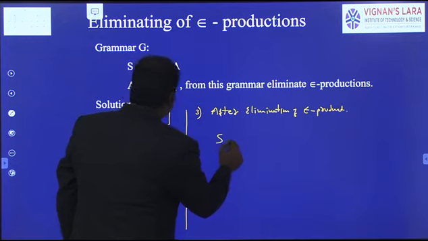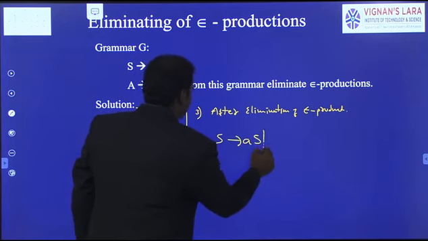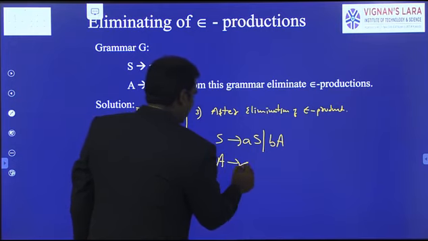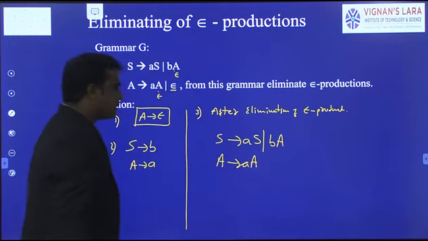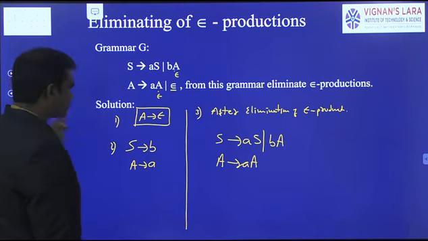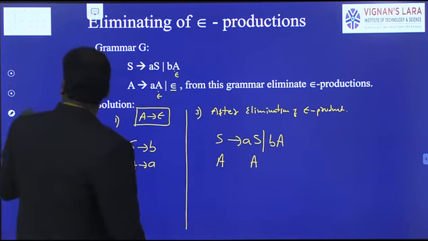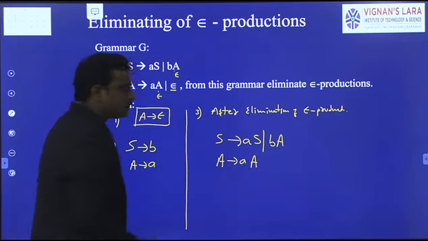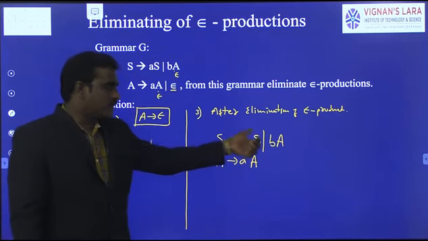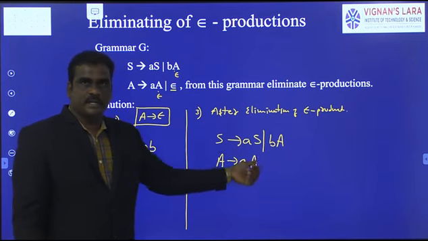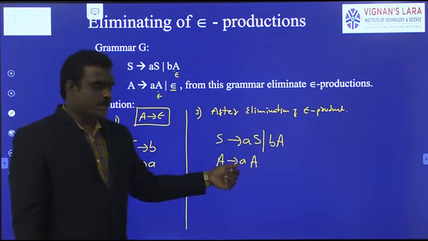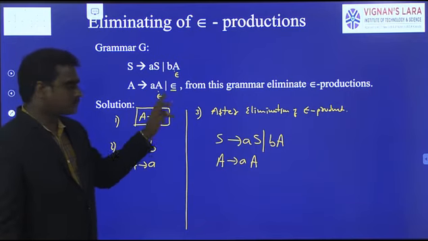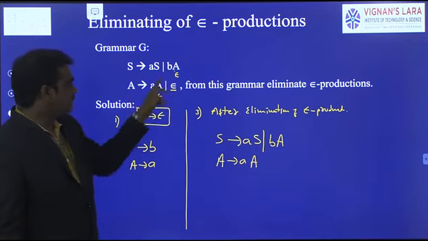So first one S to AS | BA, next one A to AA. First write the given context-free grammar as it is, except epsilon. No need to write the epsilon production. Okay, so S to AS | BA, A to AA.